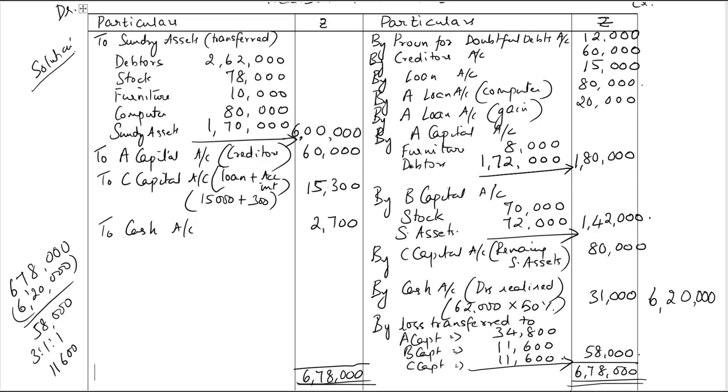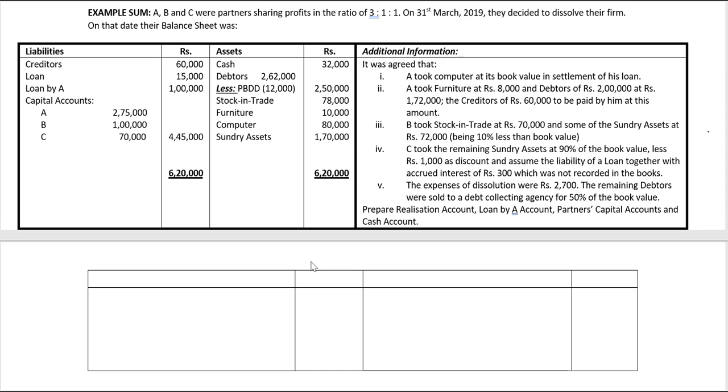Next is partner's loan account. A's loan account. Left side debit side, right side credit side.